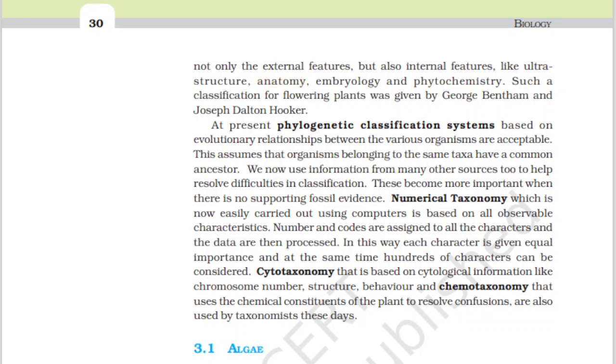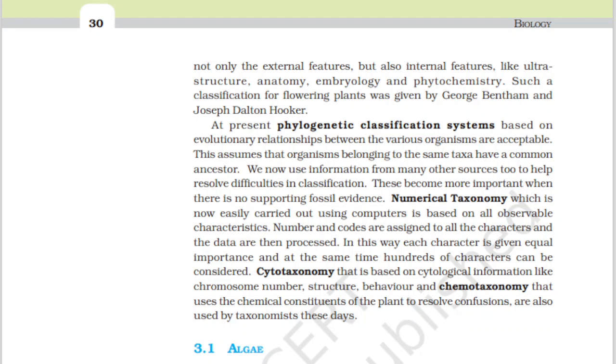At present, phylogenetic classification systems based on evolutionary relationships between the various organisms are acceptable. This assumes that organisms belonging to the same taxa have a common ancestor. Evolutionary relationship is what we are talking about here. For example, how one plant from 1,000 years ago evolved into 10 different species.